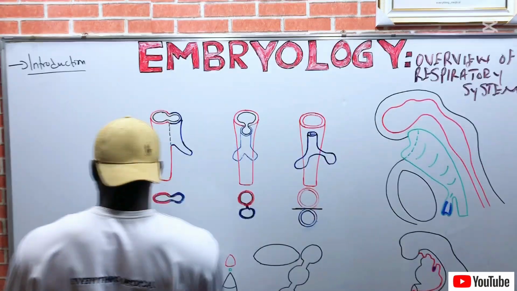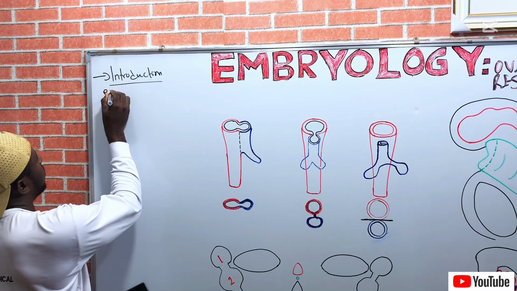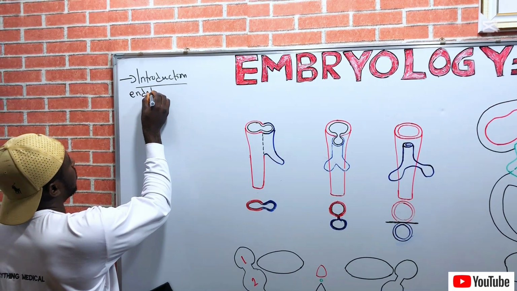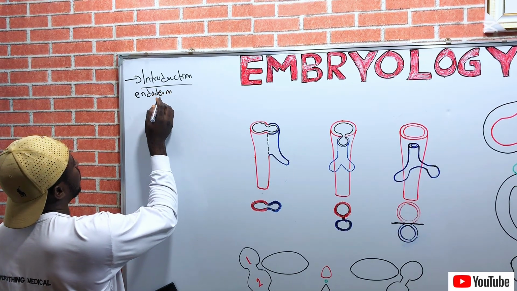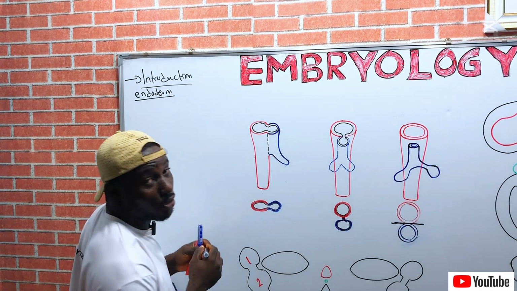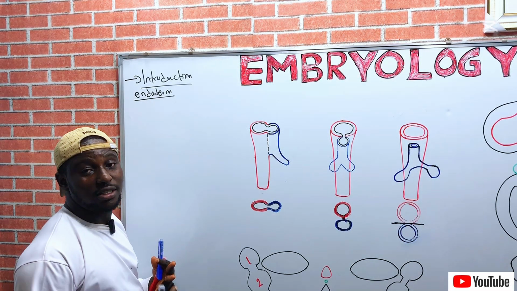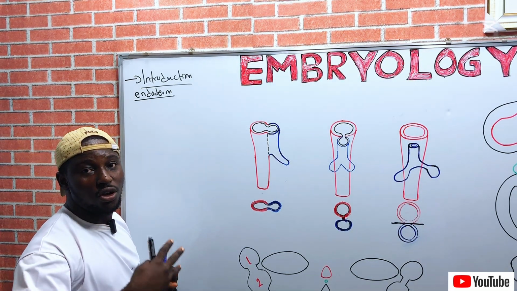So it developed from the endoderm. This is the embryonic lining of the development of the respiratory system.